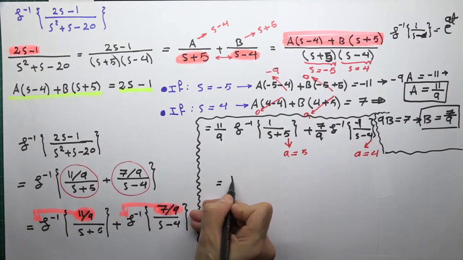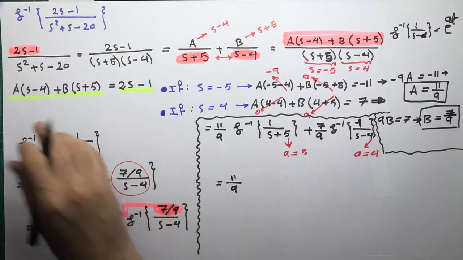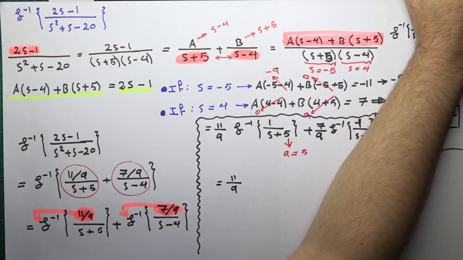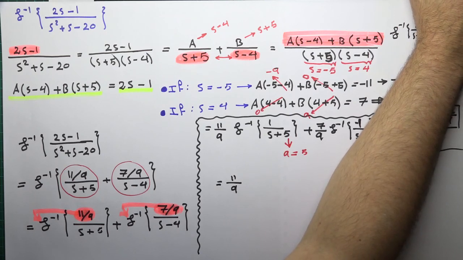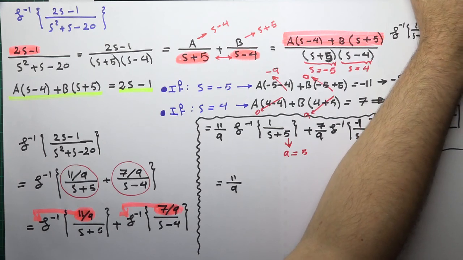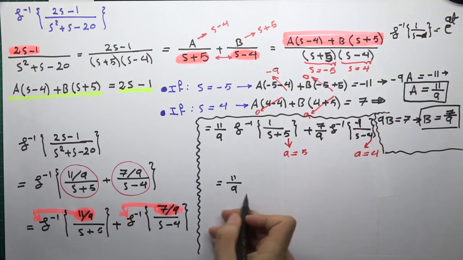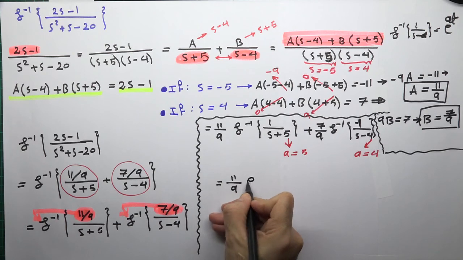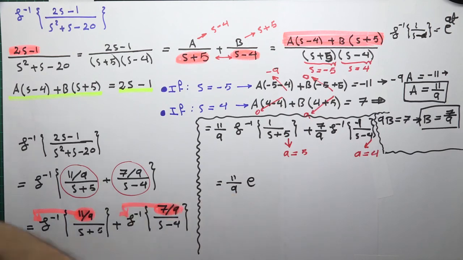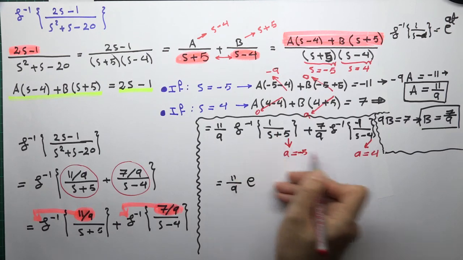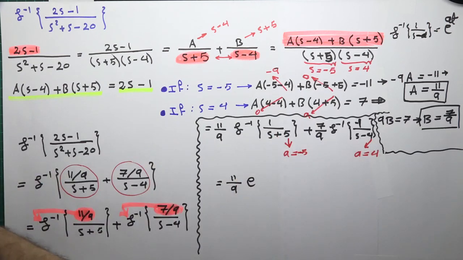What we have now, we have 11 over 9, then e, oh sorry, here a is not 5, a is minus 5 here because it is plus, and this is minus, it will be okay, 4, it's fine.